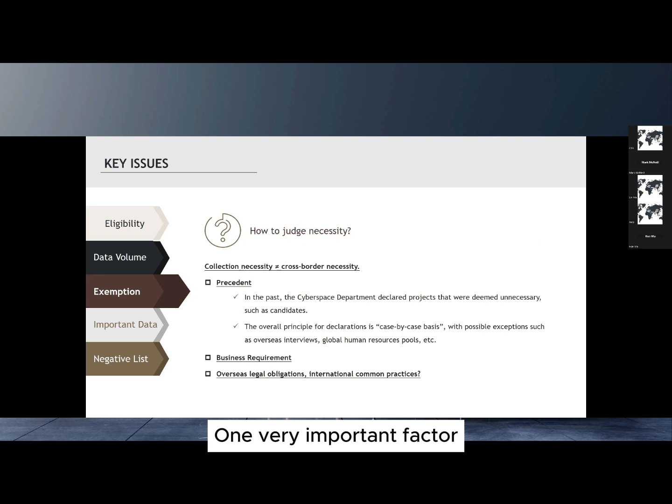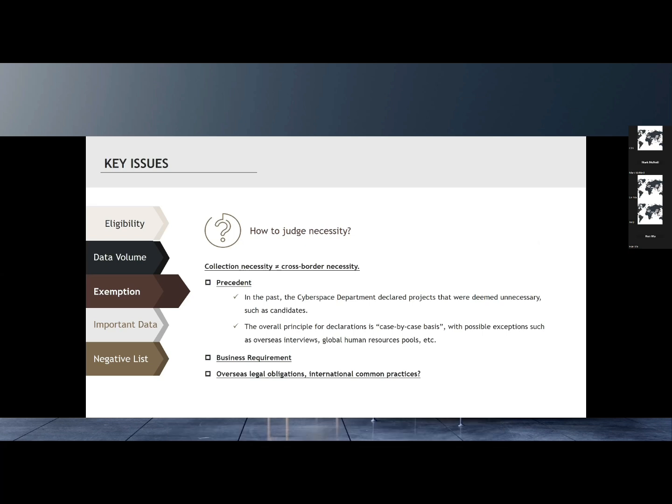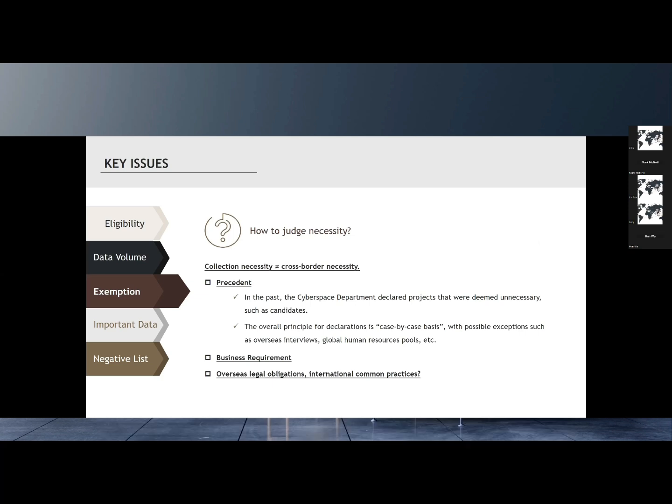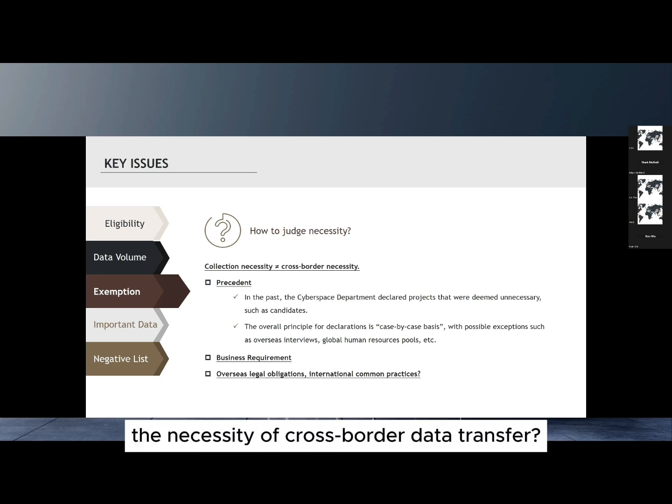One very important factor is the so-called necessity principle. Even if we don't discuss exemption scenarios, in each of the security assessment, SEC filing, or certification, we should evaluate the necessity of cross-border transfer. But how to decide the necessity of cross-border transfer?